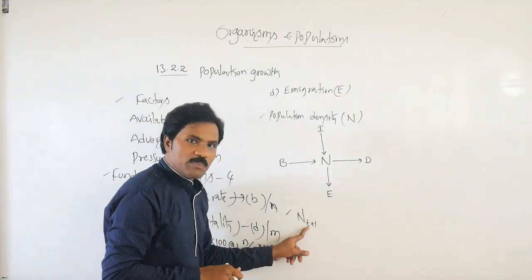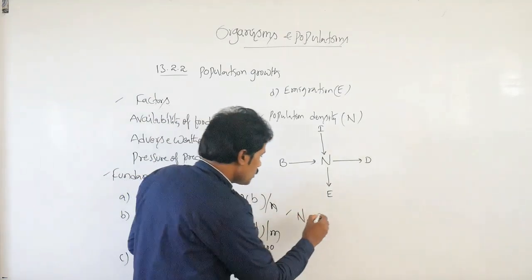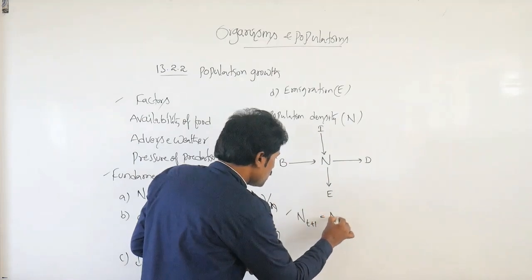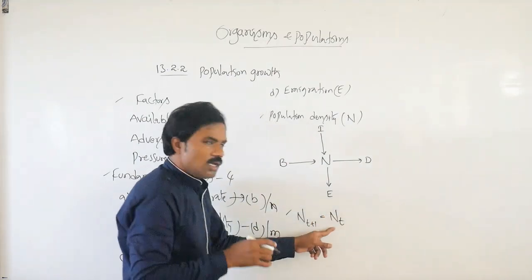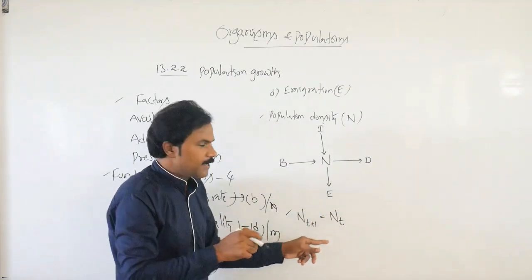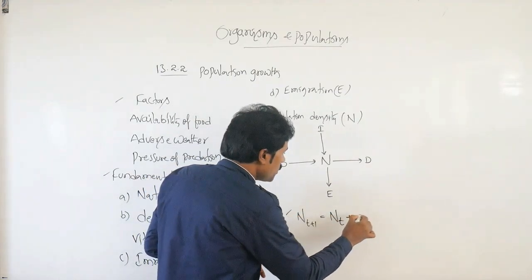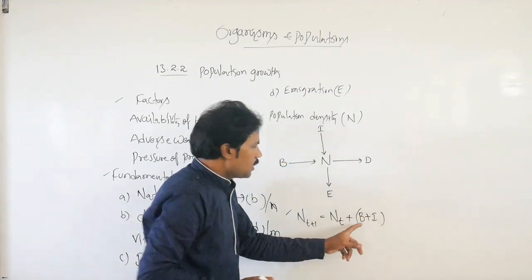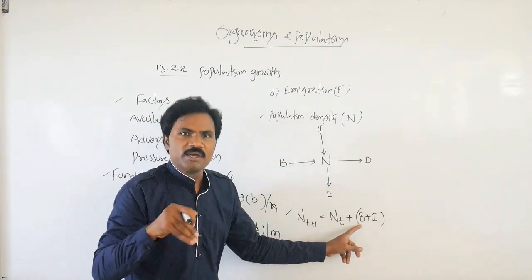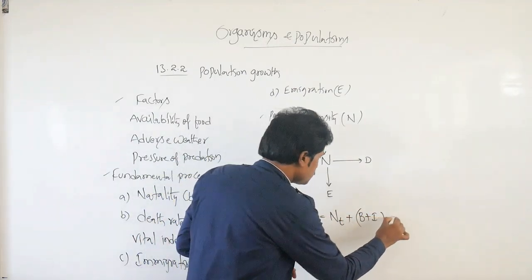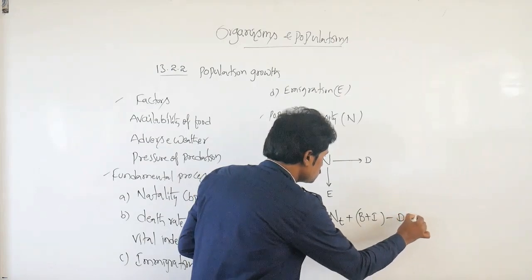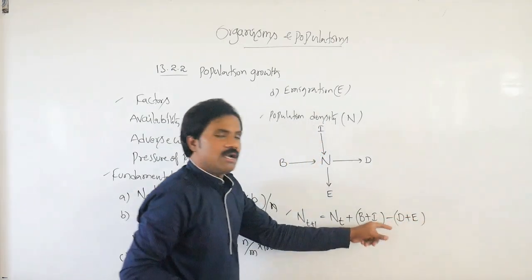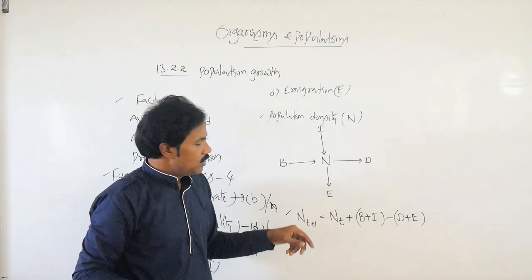In this given period of time, it represents that specific period of time: birth rate plus immigration minus death rate plus emigration.